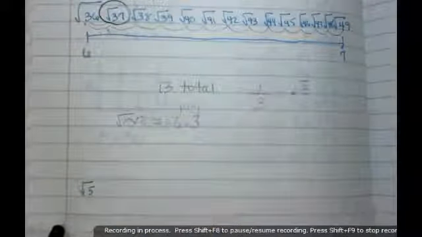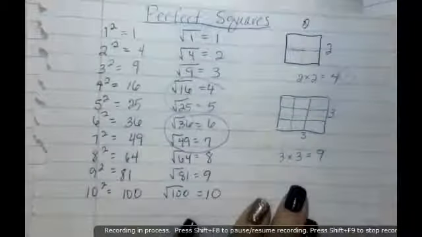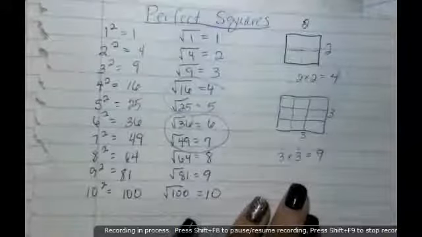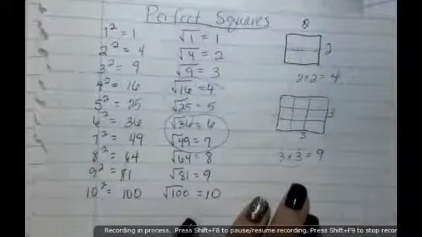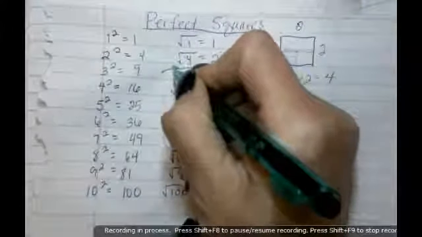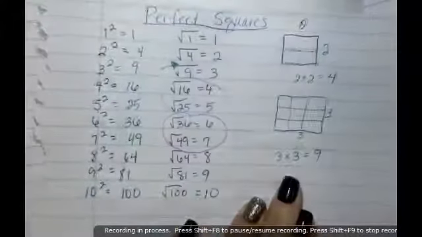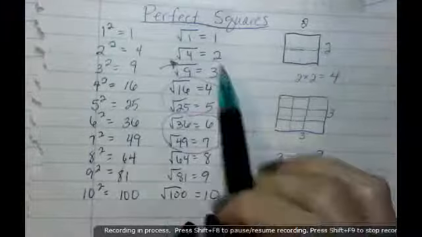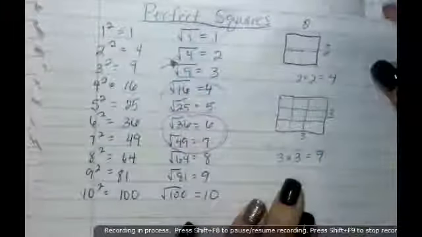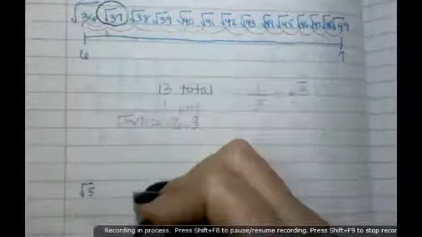If I take my perfect squares list, which two perfect squares does the square root of 5 fall between? Well, I can see that it would be right in here between the square root of 4 and the square root of 9. So I'm going to write down that it's between the square root of 4 and the square root of 9. It's between 2 and 3.